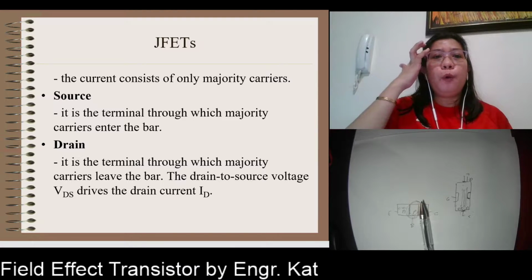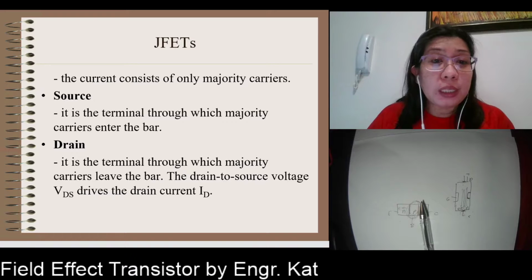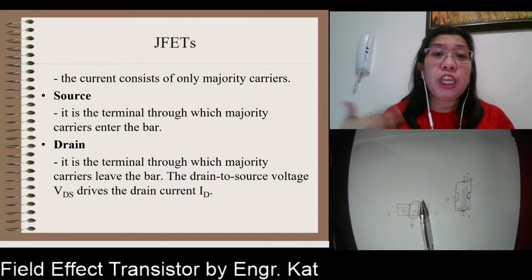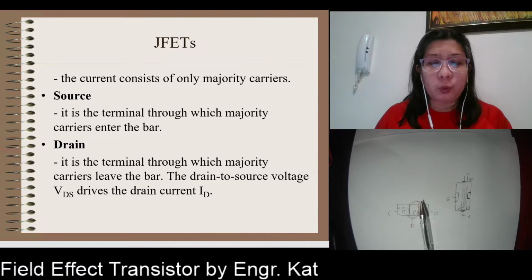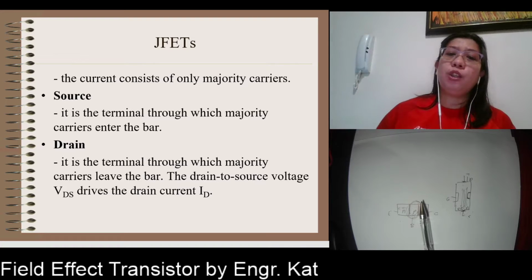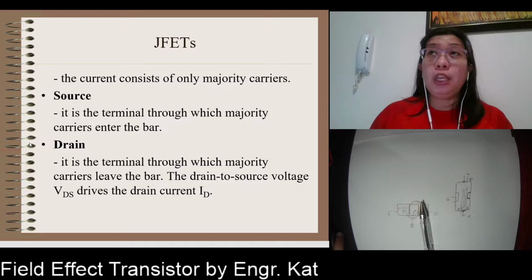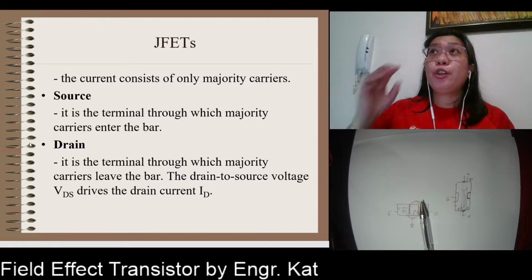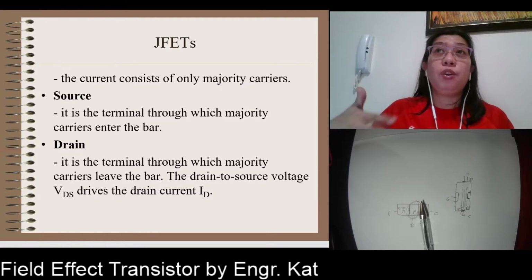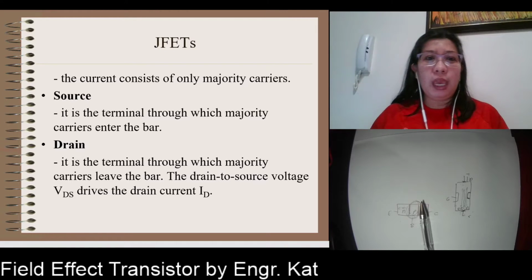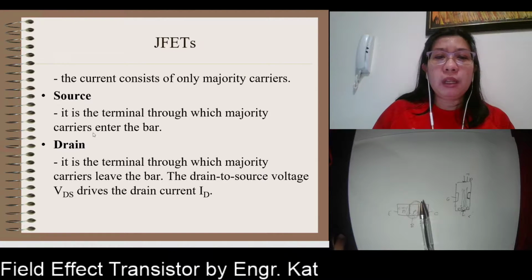The source is the terminal through which majority carriers enter the bar. The drain is the terminal through which majority carriers leave the bar. So it is like your source is your emitter and your drain is your collector.